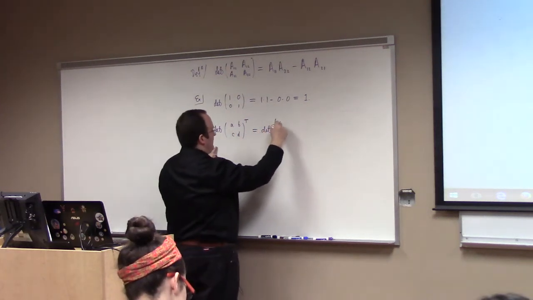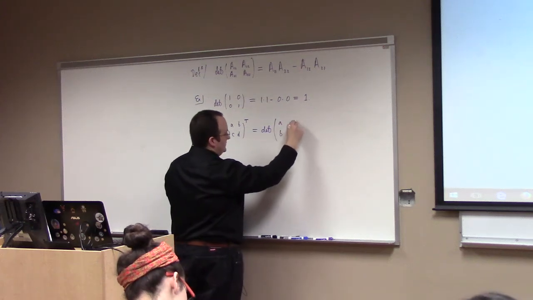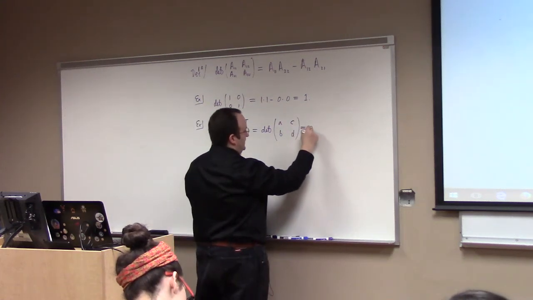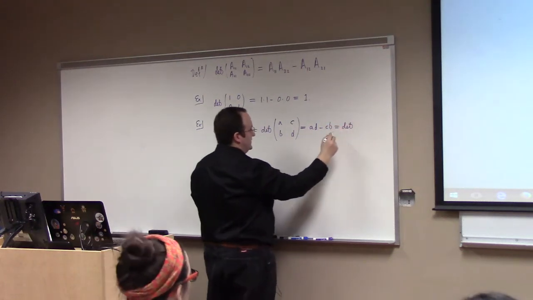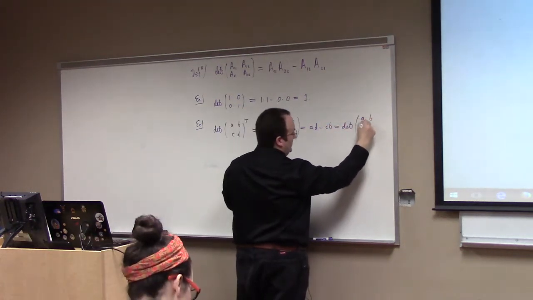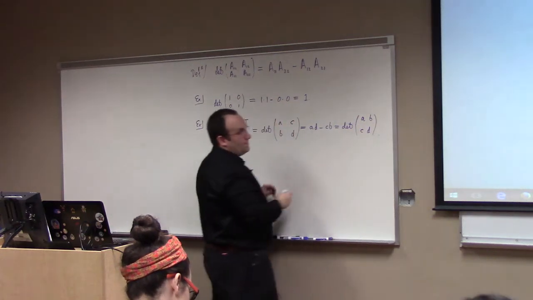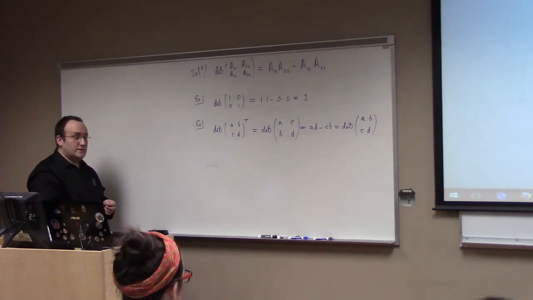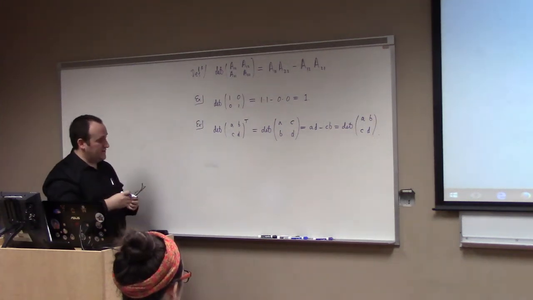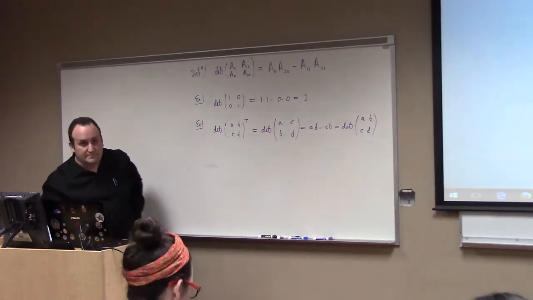That's the determinant of A, C, B, D, right? Which is AD minus CB, which, by the way, is also equal to the determinant of AB, CD. So at least for the determinant of a 2 by 2 matrix, it can't tell before and after transposition. Same result, right?